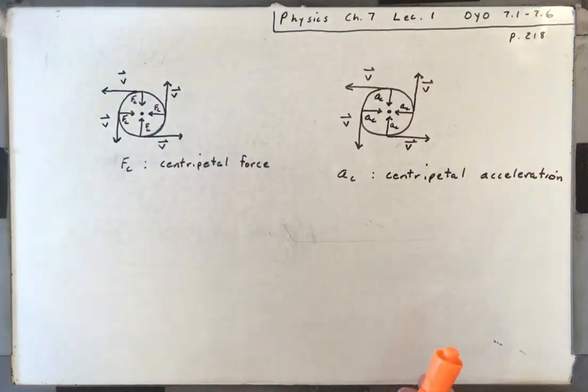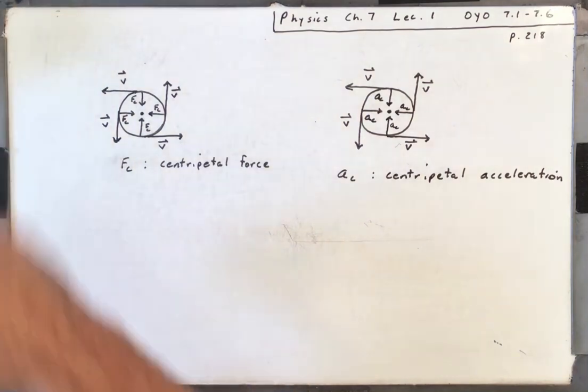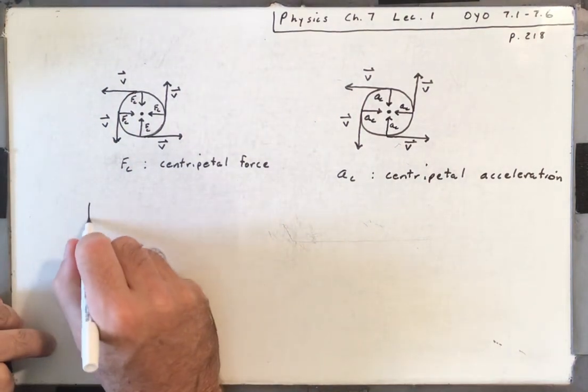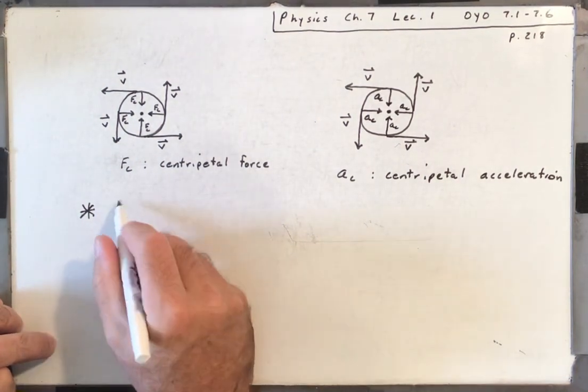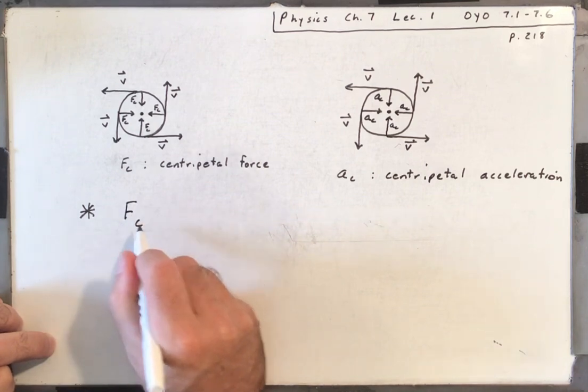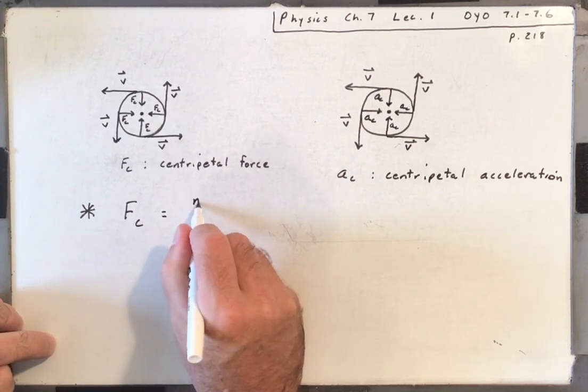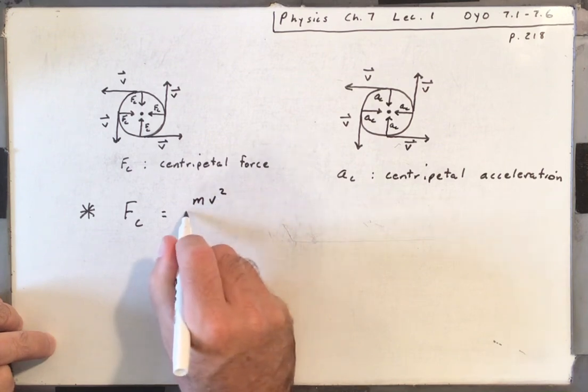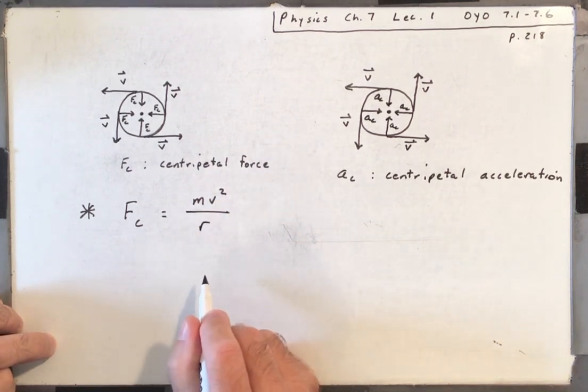Okay, we've got a couple of equations to memorize. So let's go ahead and put an asterisk by them so you know to memorize them. The centripetal force equation is mass times velocity squared over the radius of the circle.